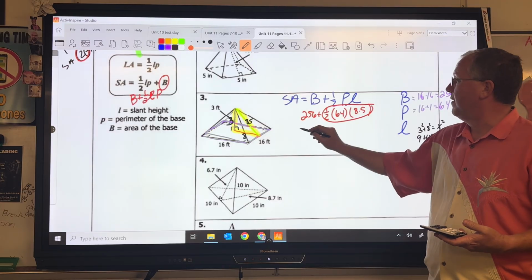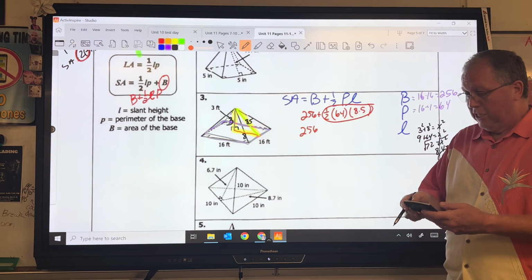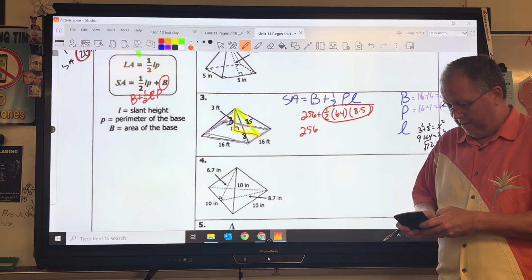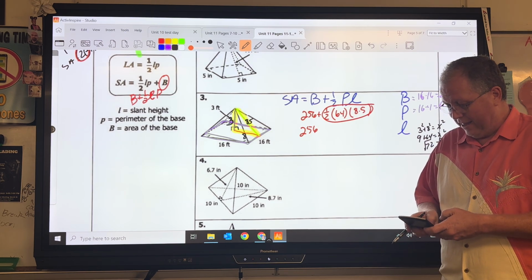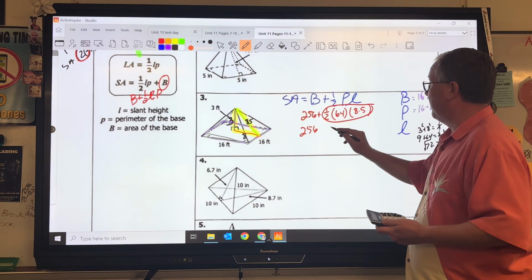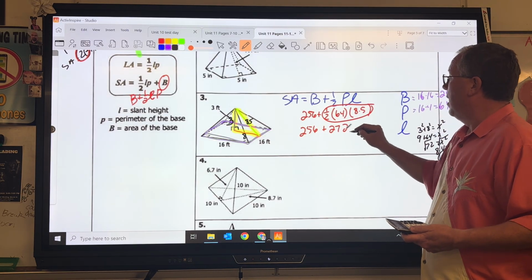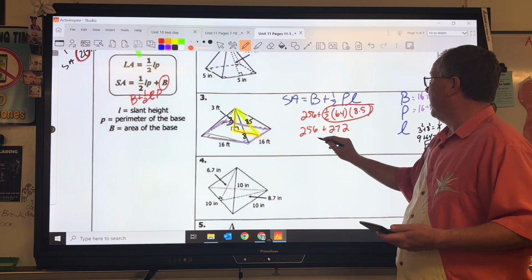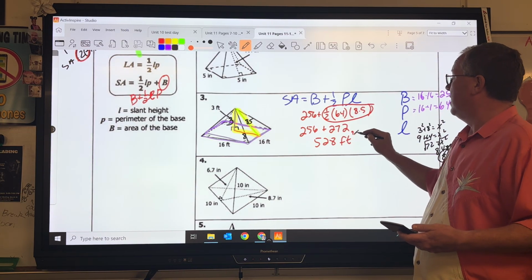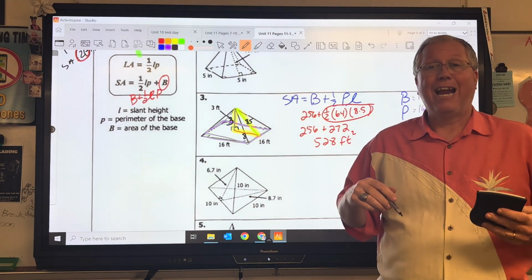I already have the 256, so it's just going to come down. So I'm going to take 64 times 8.5 and take 1/2 of it, and that gives me 272. Then I add these together, and that's going to give me 528, and that is feet squared, because again, we're still doing area.